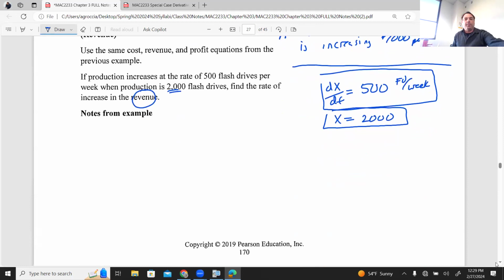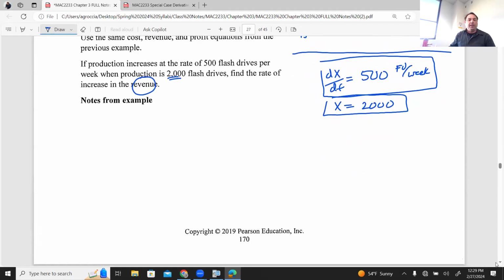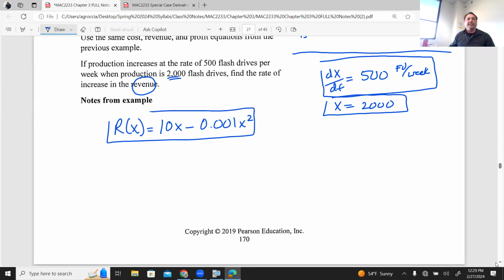So I'm going to give you the revenue, and I'm going to see how you do. And the question is, what's the rate of change for revenue per week?